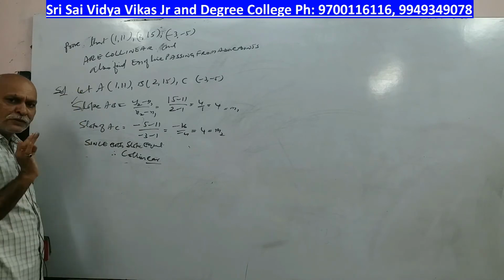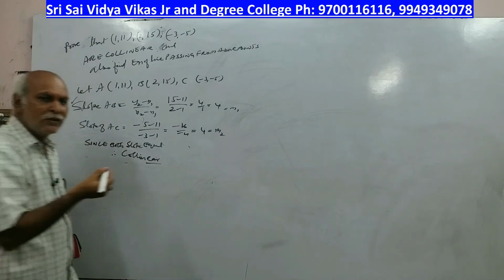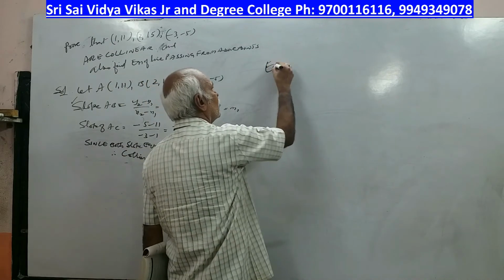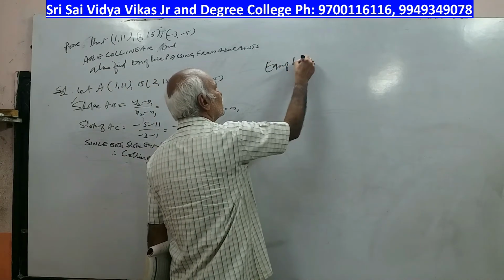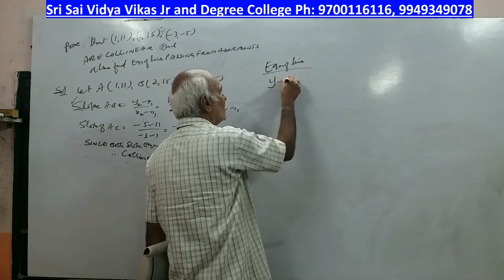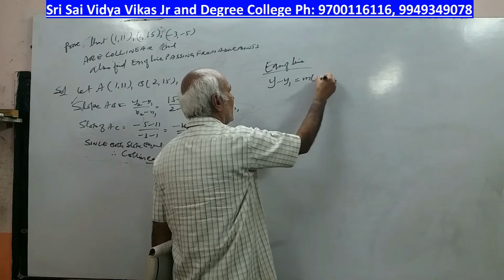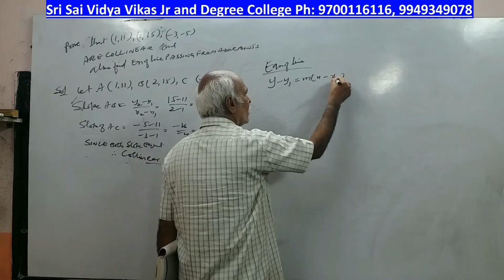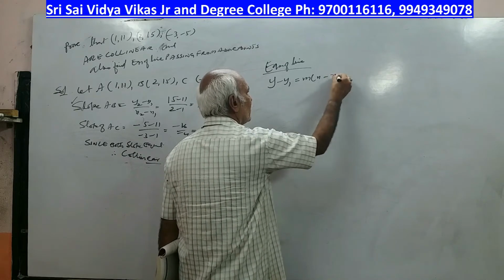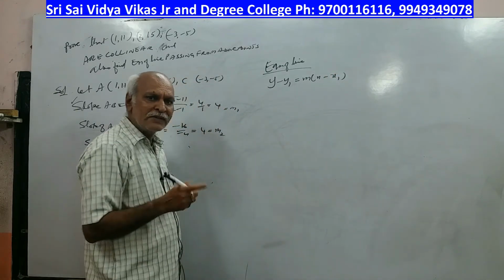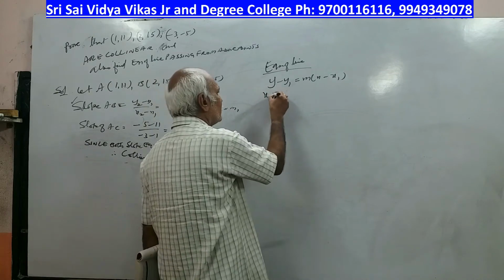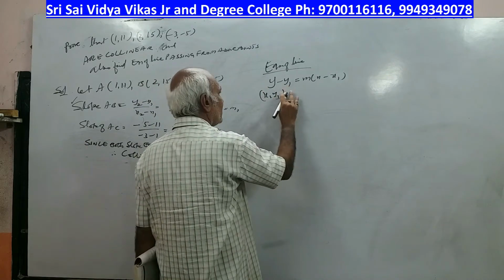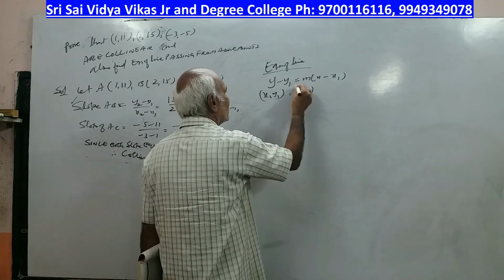Now you got the slopes. Both are equal. Now what is the next thing we have to find out? Equation of the line. Here I am using the point slope formula: y minus y1 is equal to m into x minus x1. You can consider any point. I am considering the first point (1, 11).